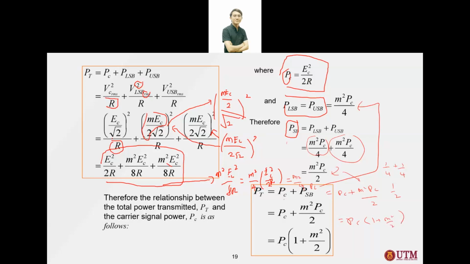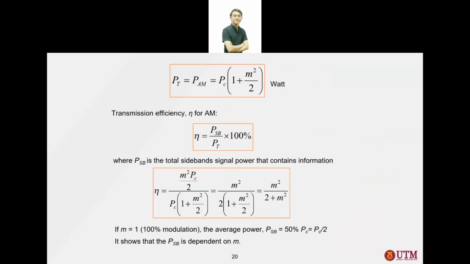As long as you understand one thing, the rest you can just extend or factorize. The concept is the important part. So PT, the total power in amplitude modulation, equals this.